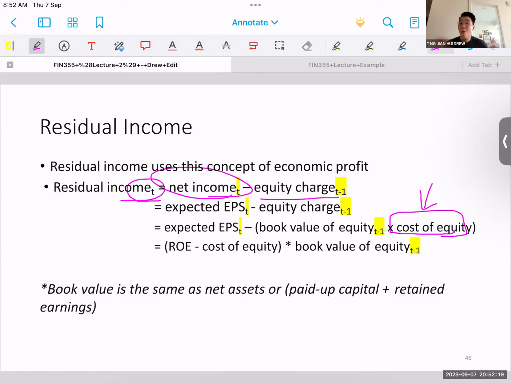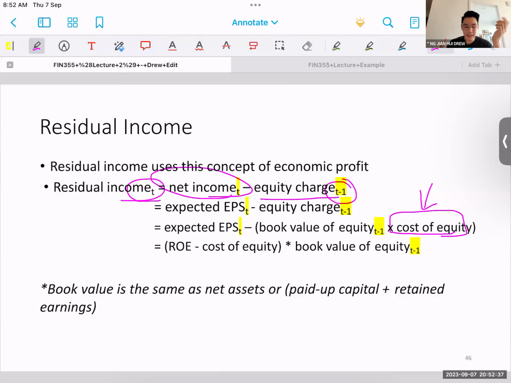Right? So that's the whole idea of residual income. Okay, so you have your net income for this year, 2013. You minus your equity charge. Let's not think about this T minus 1 first. Just minus whatever charge that you have. It gives you your residual income.